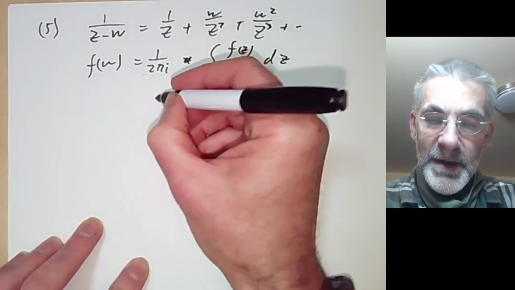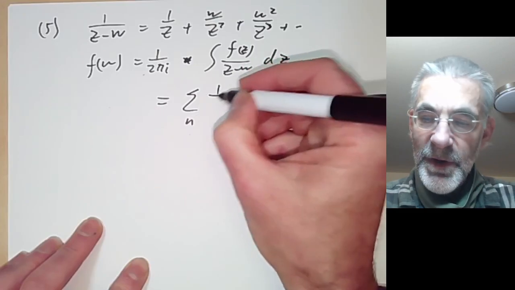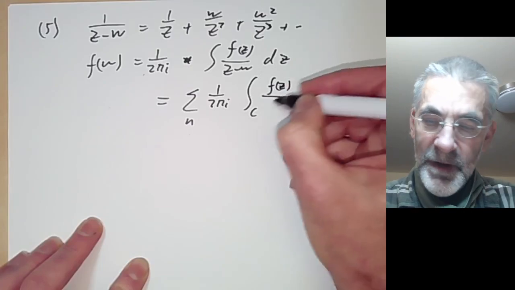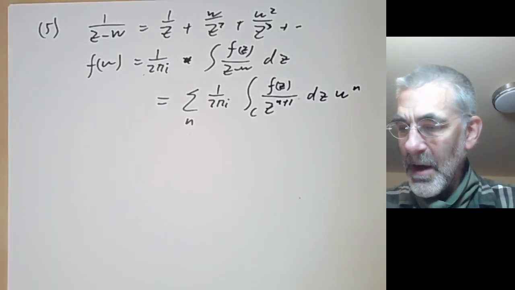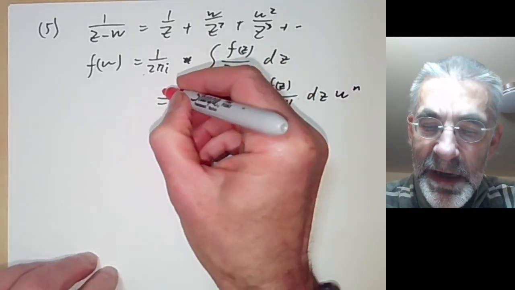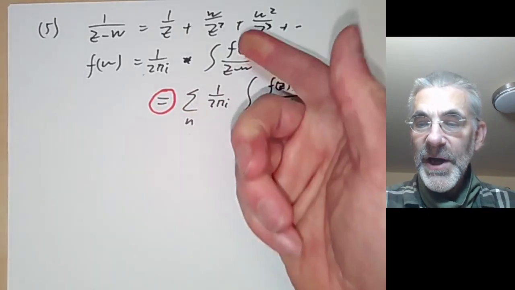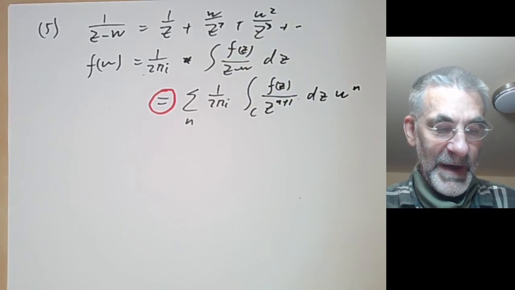And I might be able to set this as equal to the sum over n of 1 over 2 pi i times the integral over C of f of z over z to the n plus 1 dz, times w to the n. And let me put a big red ring around this equal sign to remind us that this is not at all clear. Here we're changing an integral and a sum, and you have to be a little bit careful when you're doing that.